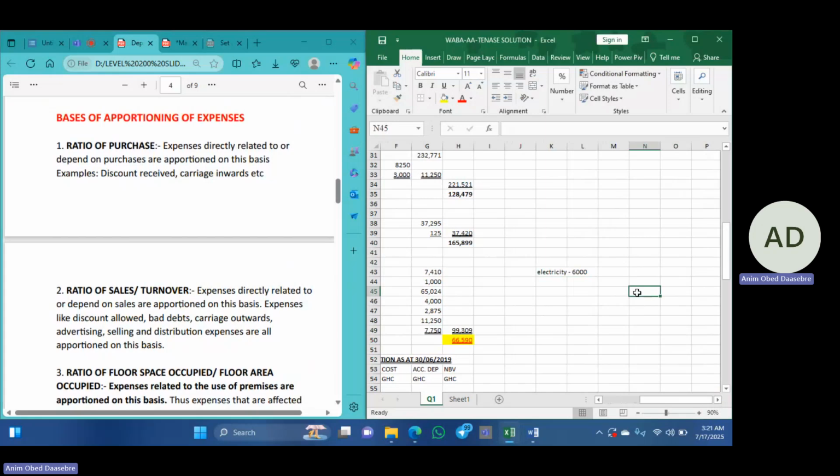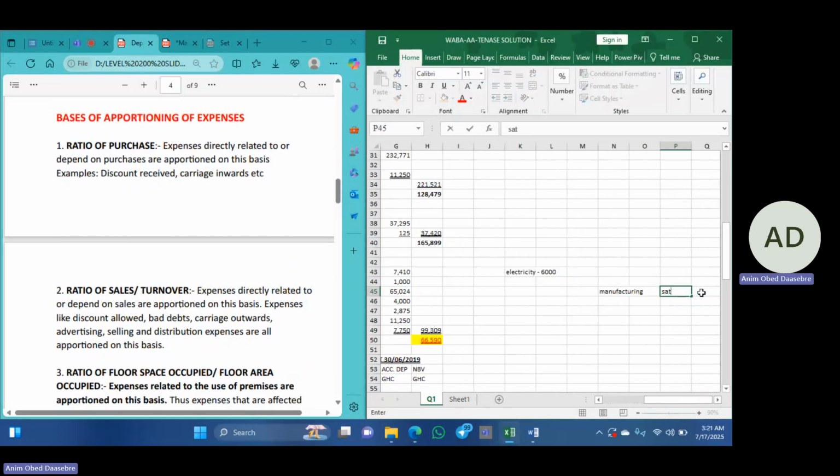They give us the ratio apportionment, maybe to manufacturing and to the income statement. So they will say 40% to manufacturing and 60% towards the income statement.